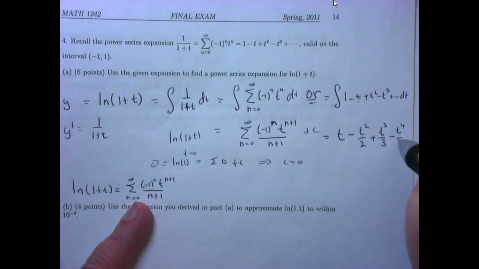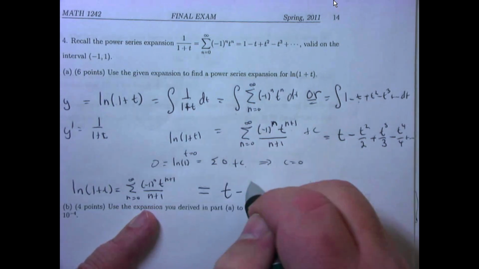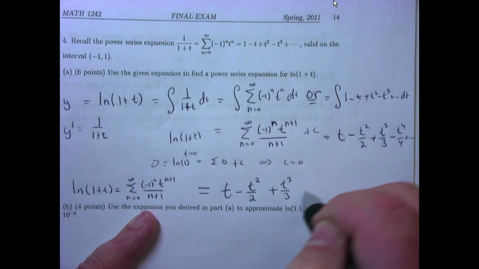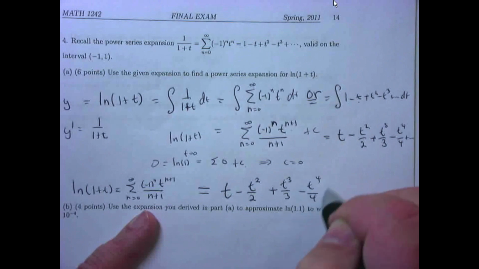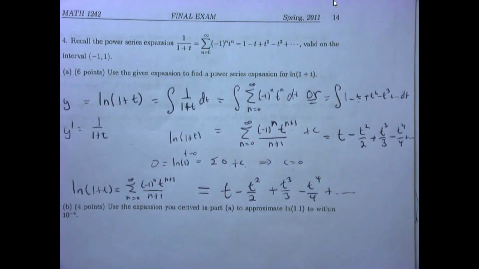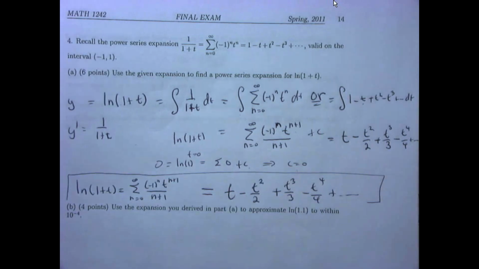Minus integral of t cubed is t to the 4th over 4 plus yada, yada, yada. And we would have also accepted that answer. t minus t squared over 2 plus t cubed over 3 minus t to the 4th over 4 plus yada, yada. Your plus c, you're still c is 0. So we would have taken it either way. Any which way you wanted to give it to us, that's fine. So either one of these guys would have been an appropriate answer.